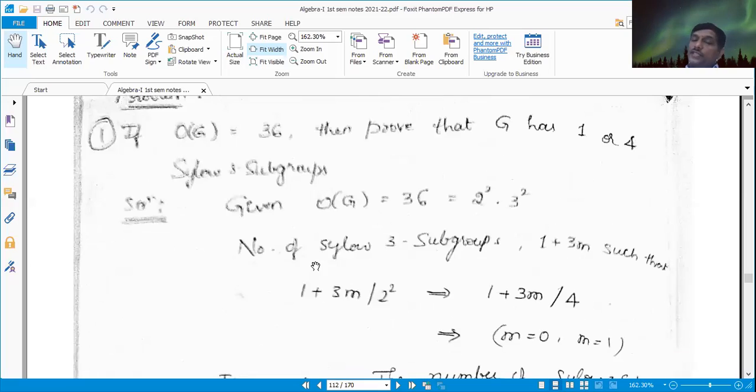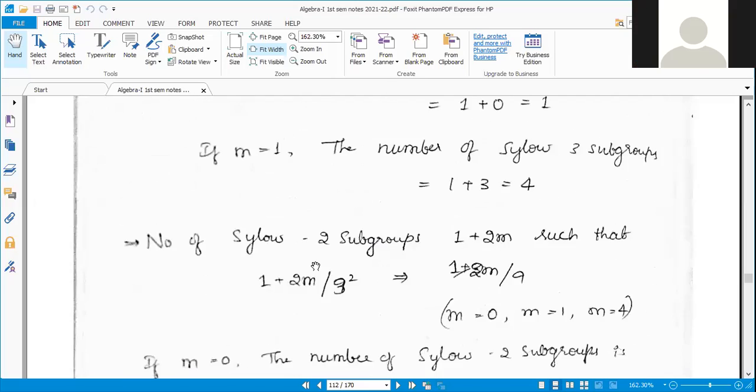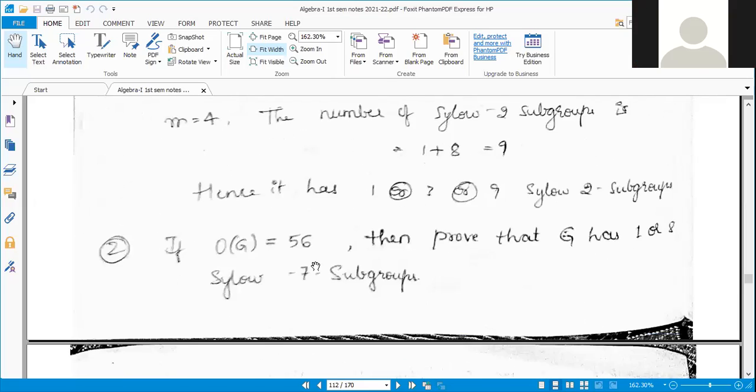And also we gave some examples related to Sylow 2-subgroup and Sylow 3-subgroup, depending on the prime number, and we discussed the problems also.